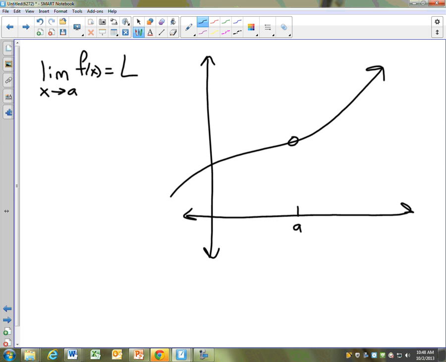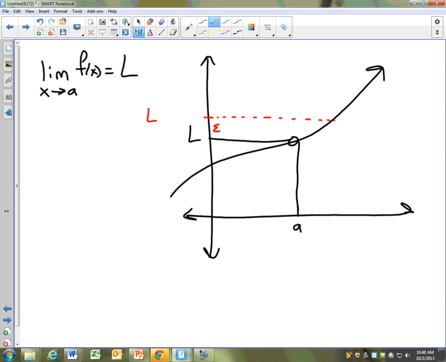If for every epsilon, what does that mean? What does the epsilon mean? Very good. So I've got an epsilon value there. So what's the mark here?